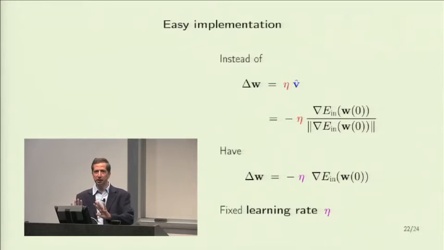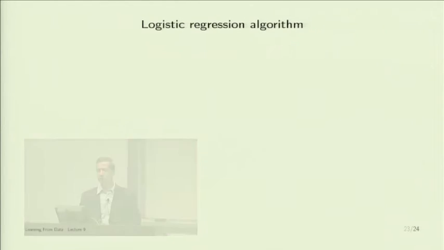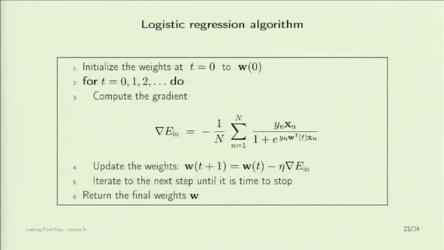That's all I'm going to say about gradient descent for this case, and we will go to the more complicated issues when we talk about neural networks next time. So this is how to minimize, and now we have the logistic regression algorithm written in language. You start by initializing at w0. You iterate for every step. What do you do? You compute the gradient. How do I do that?